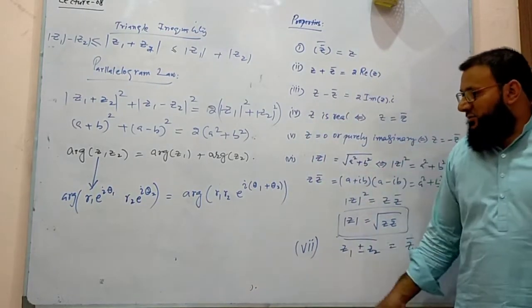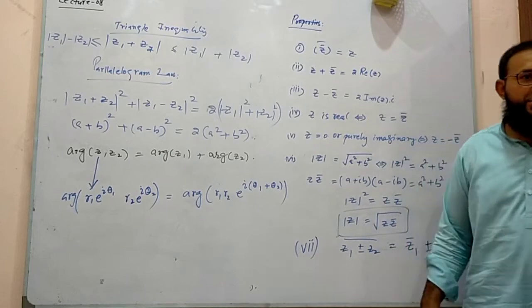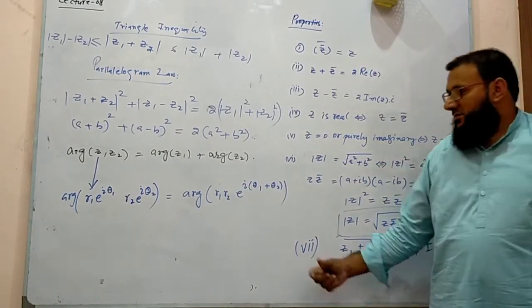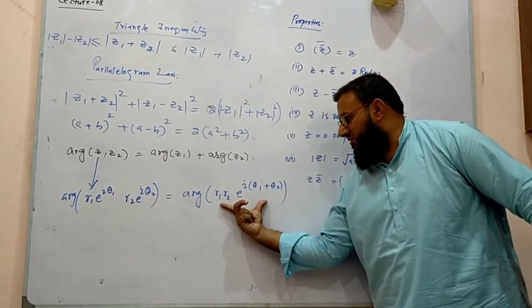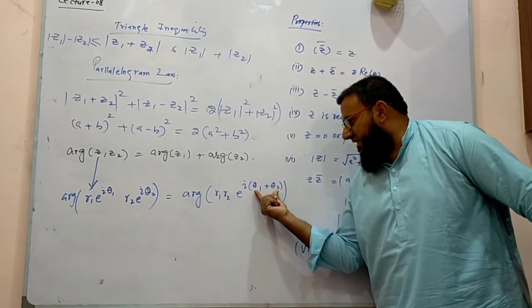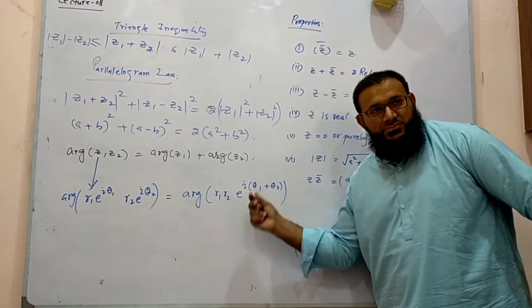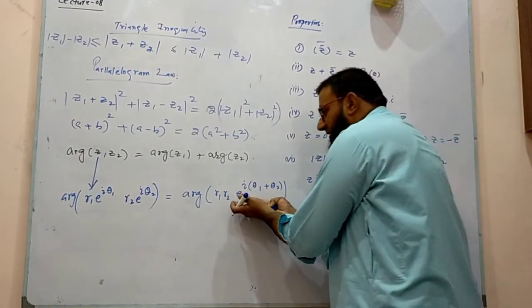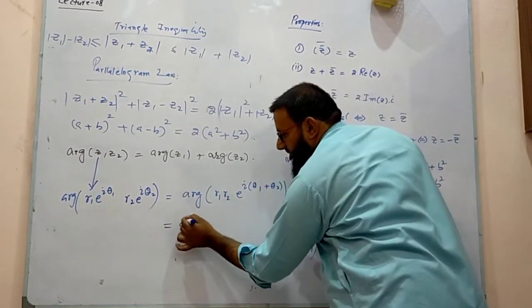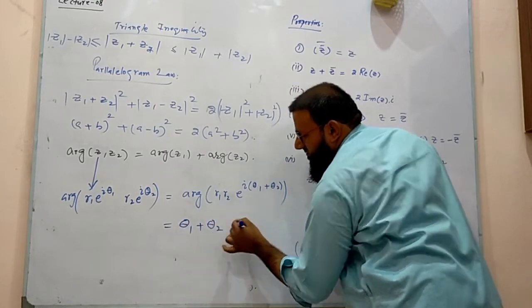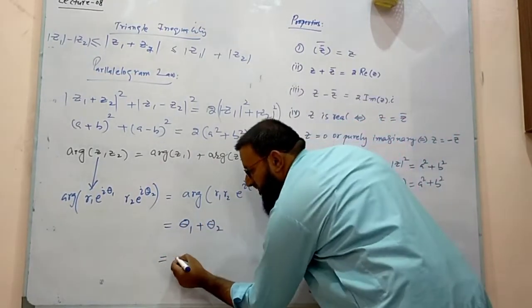I'll just multiply. So what is the argument of this complex number? This is a complex number, e raised to i, what is the angle? Theta 1 plus theta 2. So the argument of this whole complex number is theta 1 plus theta 2. But what is theta 1?